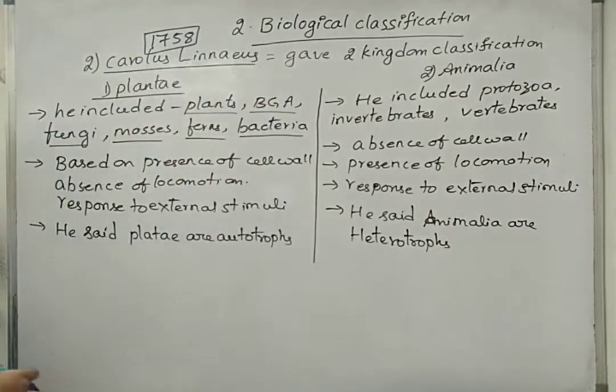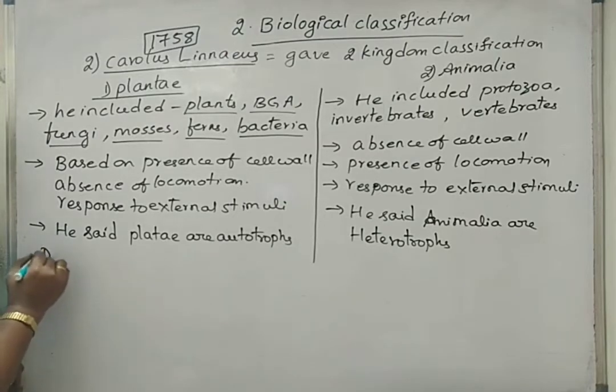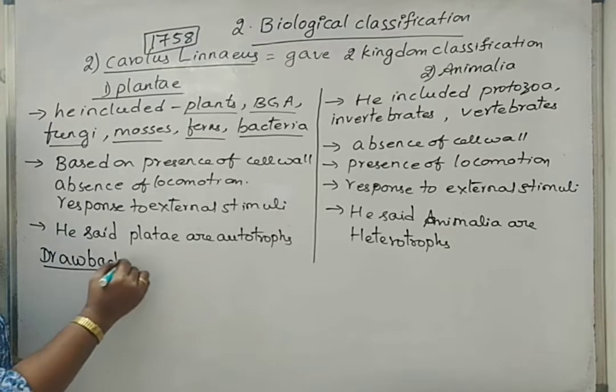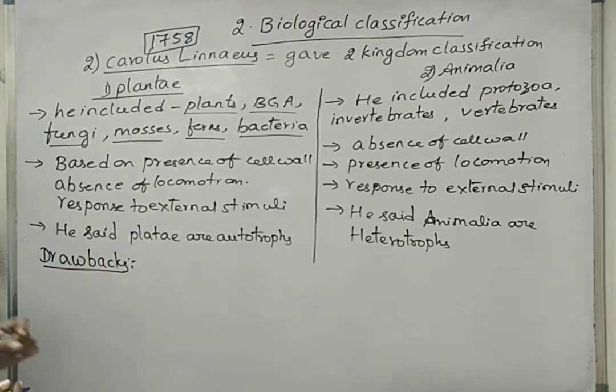But there are some questions that he couldn't answer. Those are considered under drawbacks. Mostly you can expect MCQs from these drawbacks. So what is that? We know one smallest lower organism, that is Euglena, which is considered as a connecting link between Plantae and Animalia. When a question was asked about that, he couldn't give any answer.